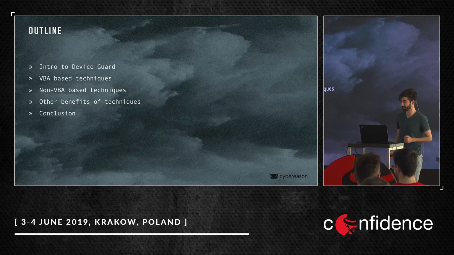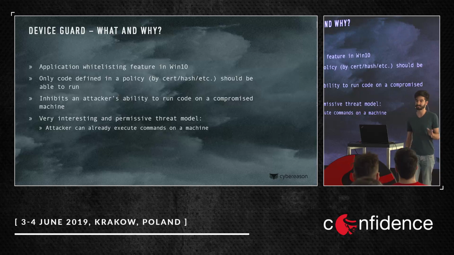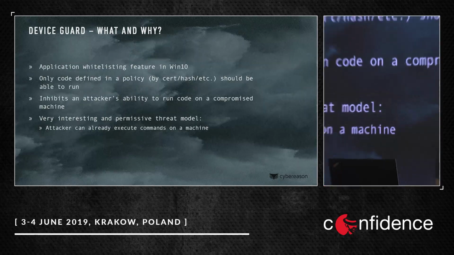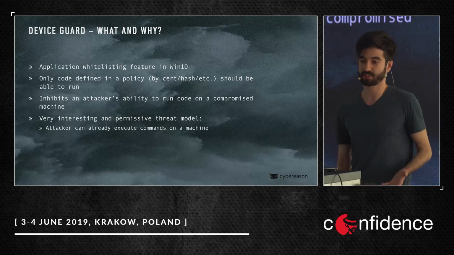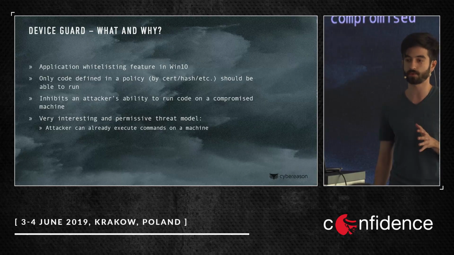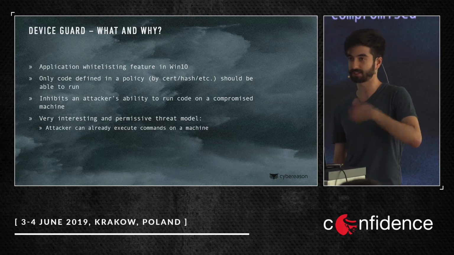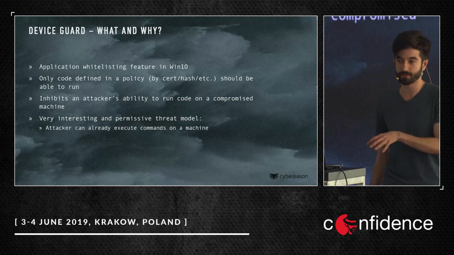Anyway, let's begin with a quick introduction to what Device Guard is. Device Guard is an application whitelisting feature in Windows 10. It's actually the successor to another feature called AppLocker. Now, application whitelisting tries to only allow code that's defined by a specific policy. In this case, it's by a certificate, by a signature, or maybe by a hash, or even by a path.